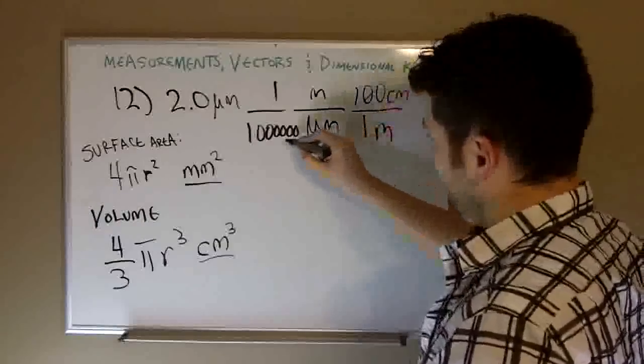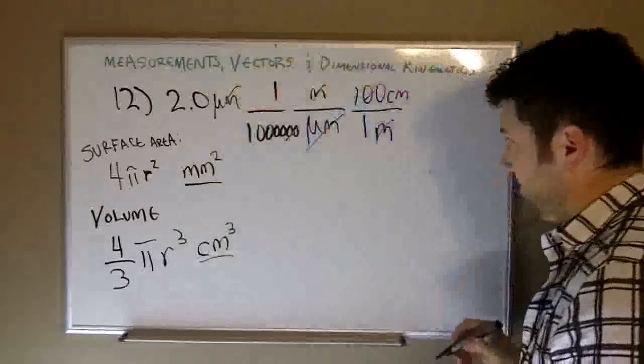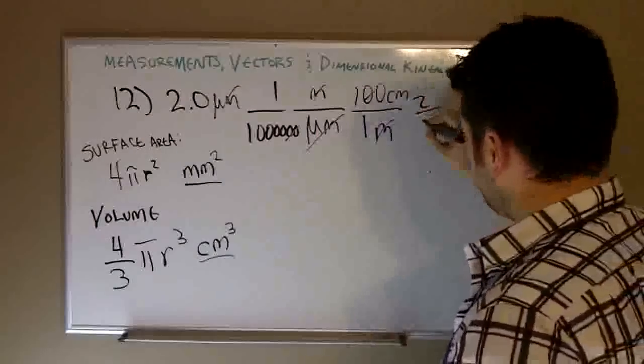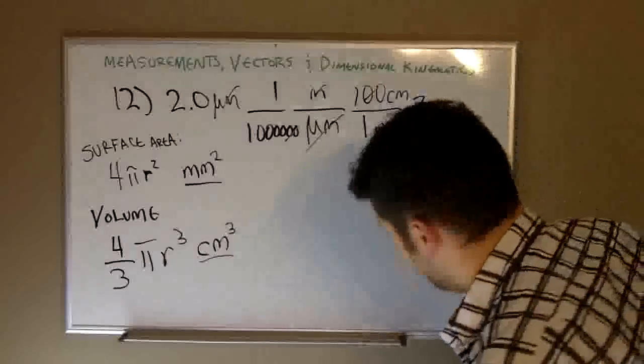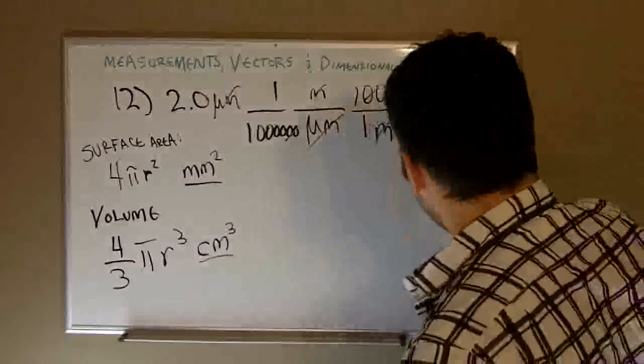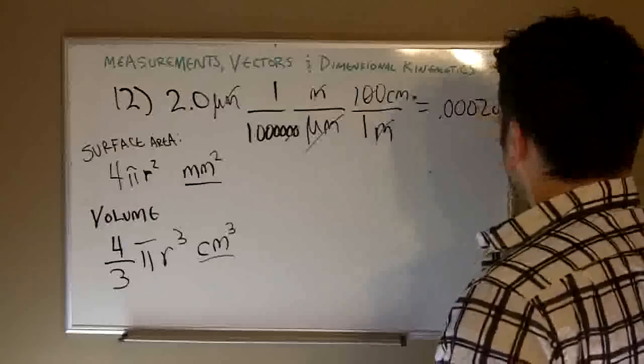So again, we just find our answer, cross off all our units to check, and we are left with centimeters, and it will be 2 over 10,000, which will be just 0.0002 centimeters.